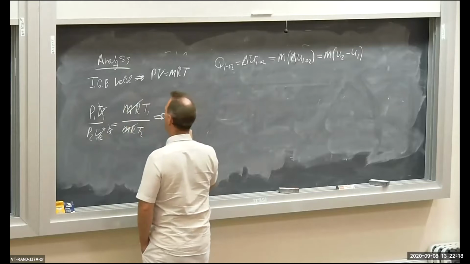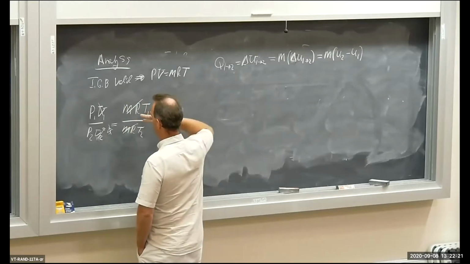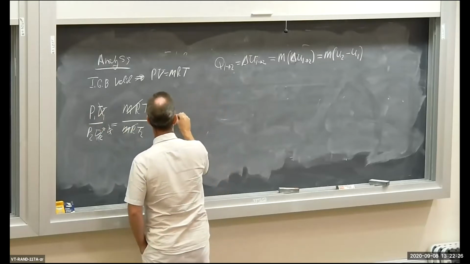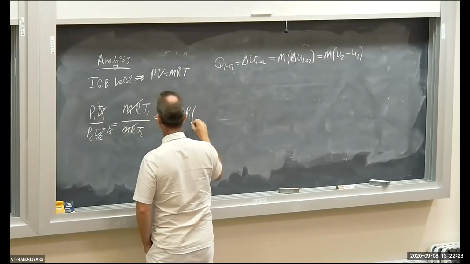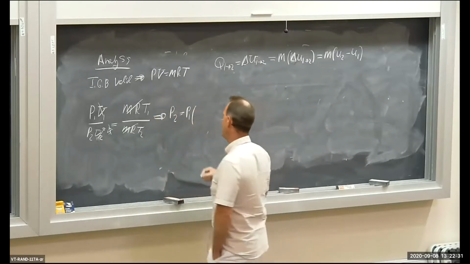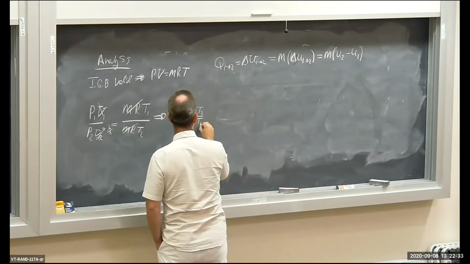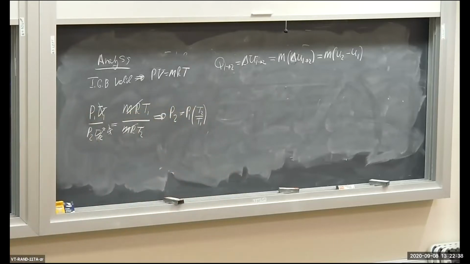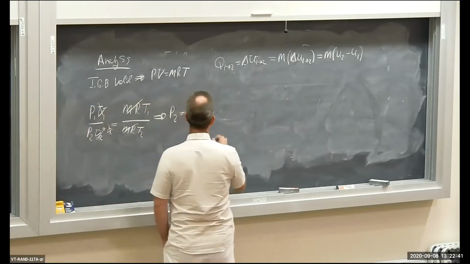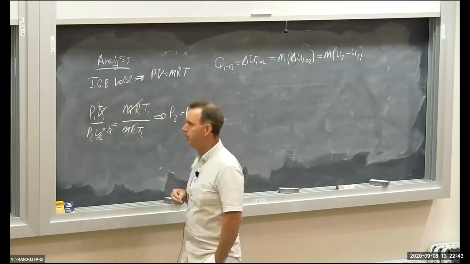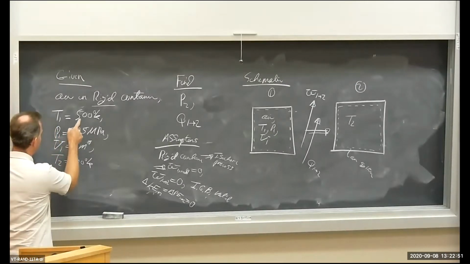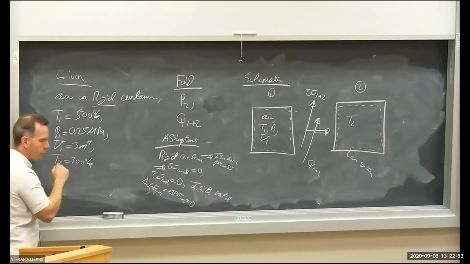Okay, so what does this imply? I'll take the P2 over here, and I'll flip the T1 and the T2 and put it over on the other side of the equation and then flip the equation. So I have P2 is equal to P1 times T2 over T1. Now, what is P1? P1 is 0.25 megapascals. T1 is 500 Kelvin and T2 is 300 Kelvin.